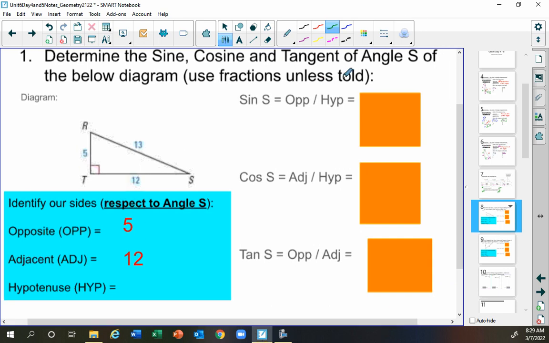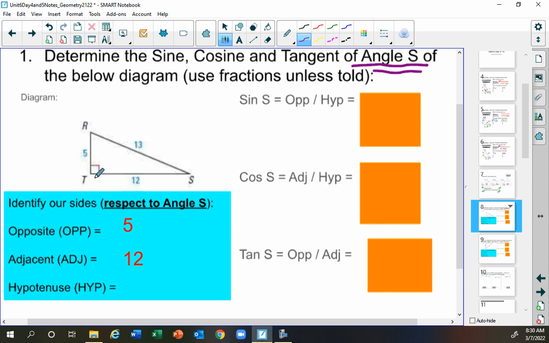Okay, what we need to do is determine the sine, the cosine, and the tangent of angle S. Now, the very first thing, what do we have to identify first? We have to identify which angle. Angle S. So step one, where is angle S in this diagram? Where is it?